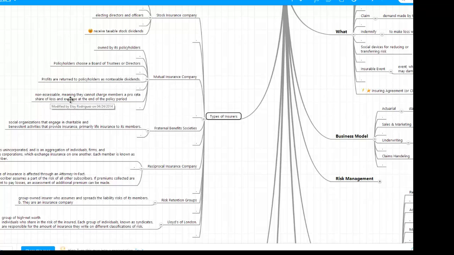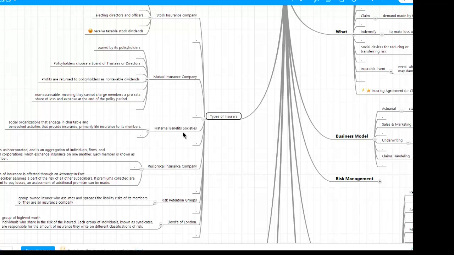So you can see that's nice. And it's non-assessable, meaning they cannot charge pro rata losses. So if there's a loss, then you're not required to pay off the loss. So there you have it.